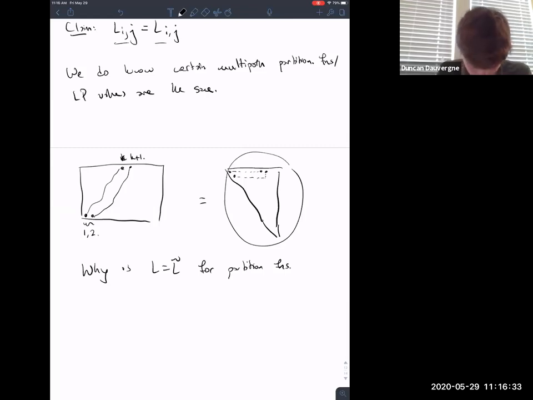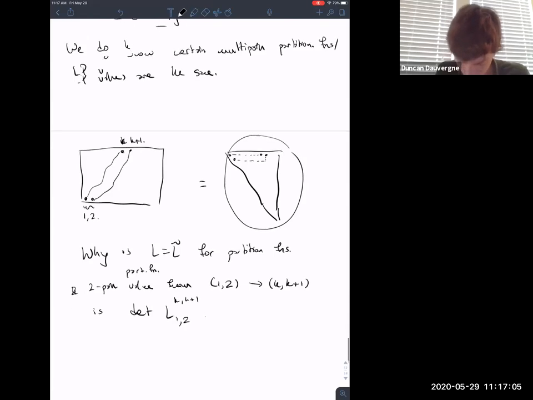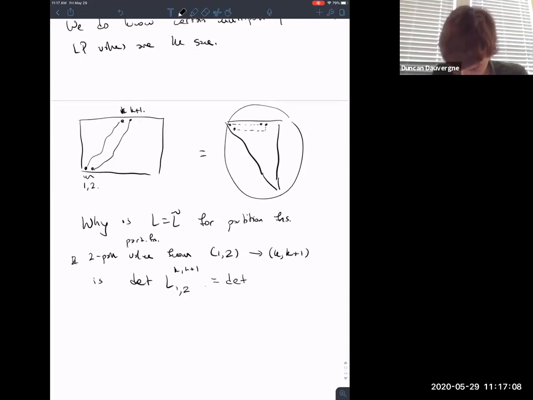So the two-path value from 1, 2 to k plus 1, that's the two-path partition function value, is a determinant of a minor of L, where we pick out, say, the first, so you're now thinking of L as this matrix, this Lij, where we pick out, say, the first 2 rows and the kth and k plus first columns. And so what we know is that certain determinants in L and L tilde are equal.